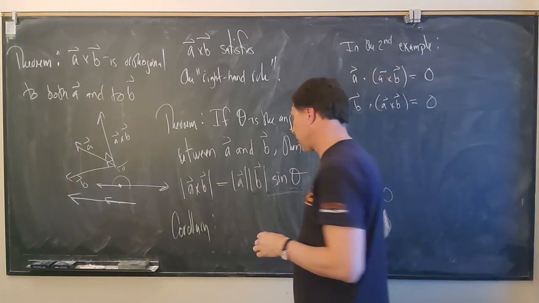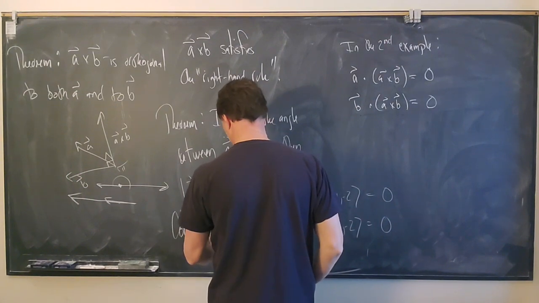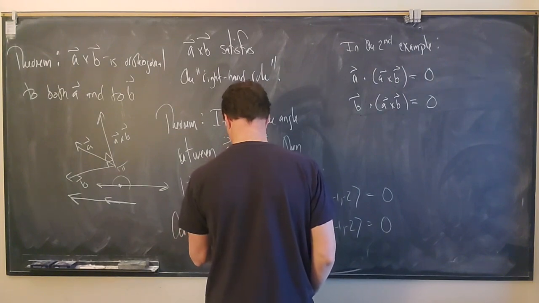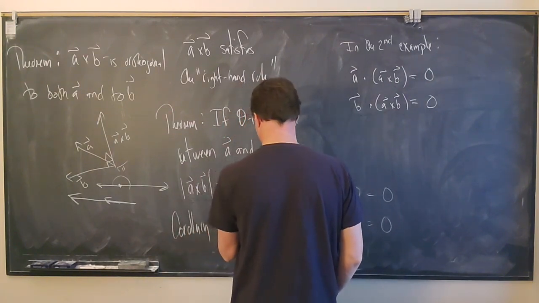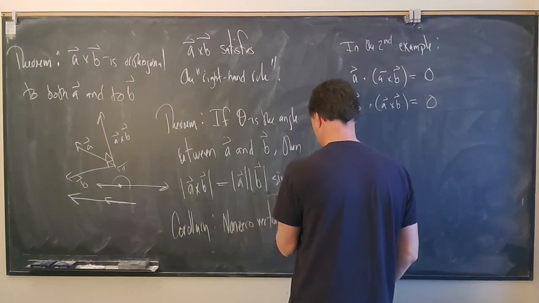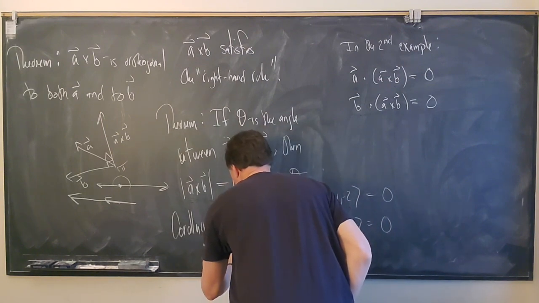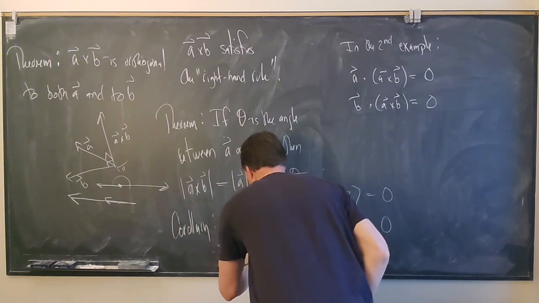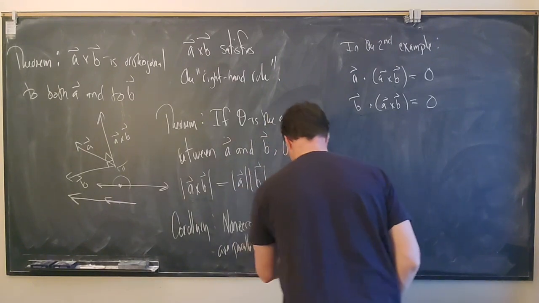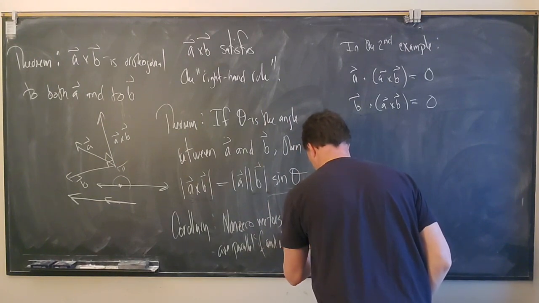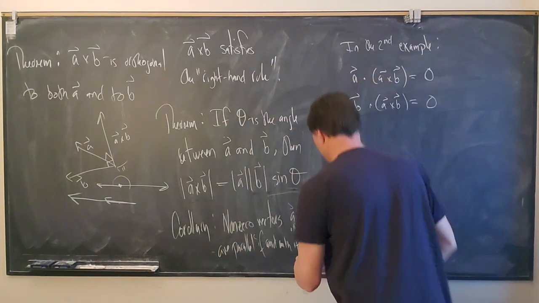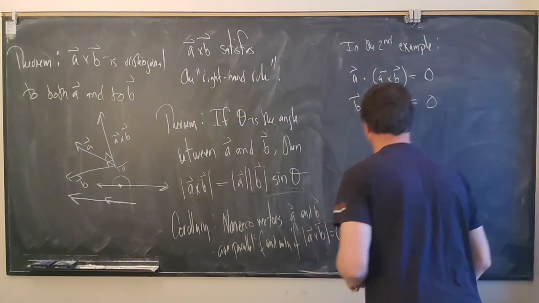And so what we have as a corollary is that, I guess I need to say non-zero, yeah, non-zero vectors A and B are parallel if and only if the magnitude of their cross product is equal to 0.